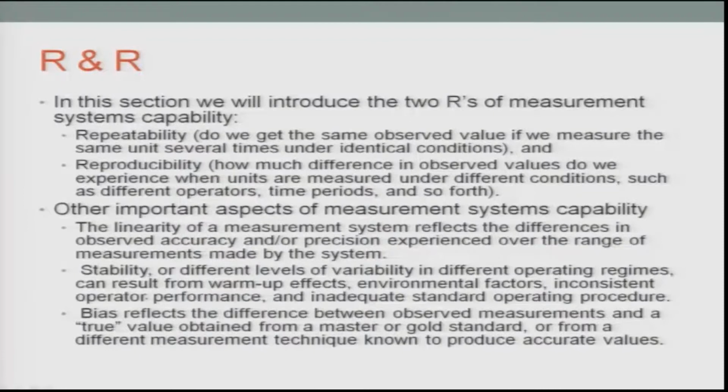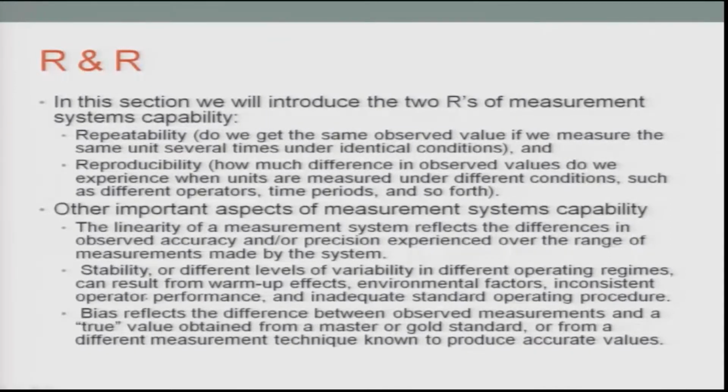Other important aspects of measurement system capability are: the linearity of the measurement system, which reflects the difference in the observed accuracy or precision experienced over the range of measurements being made by the system, and stability, or different levels of variability in different operating regimes. So, you want to basically understand what the results are for warm-up effects and environmental factors, inconsistent operating performance, and inadequate standard operating procedures.